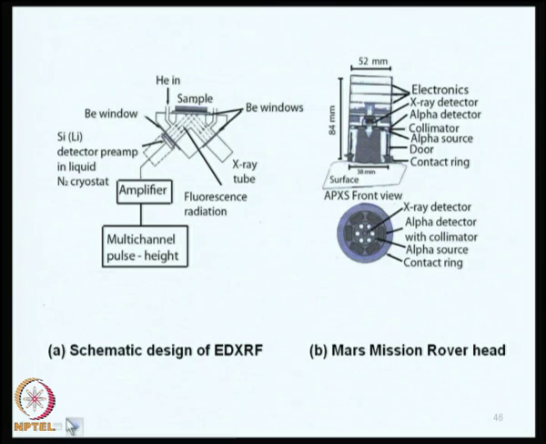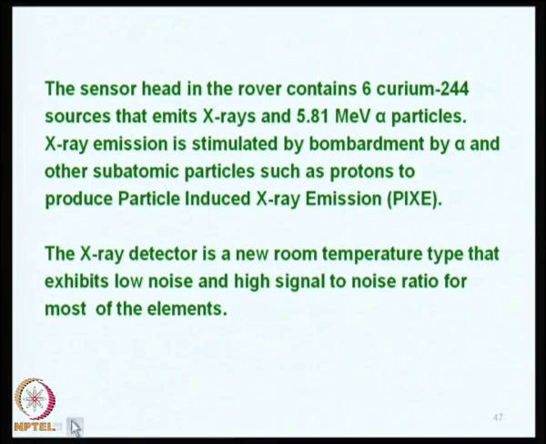We had discussed this in the first lecture also. The sensor head in the rover contains a curium 244 source that emits X-rays and 5.81 MeV alpha particles. So multiple element determination can be obtained by the particle induced X-ray emission method.